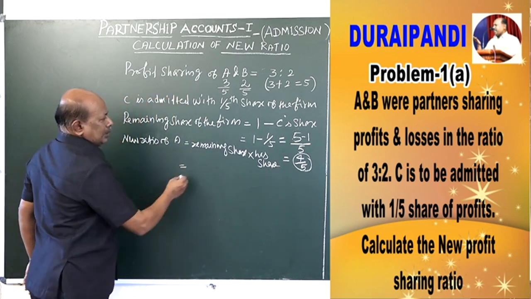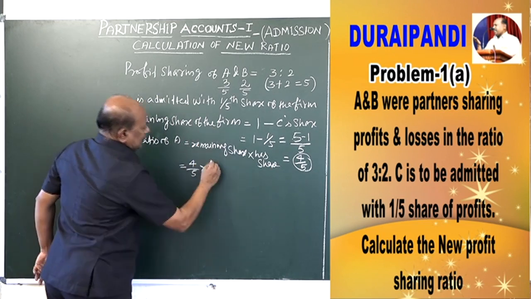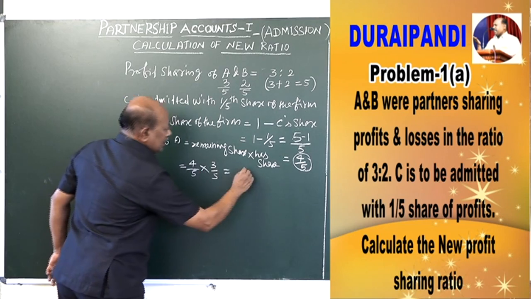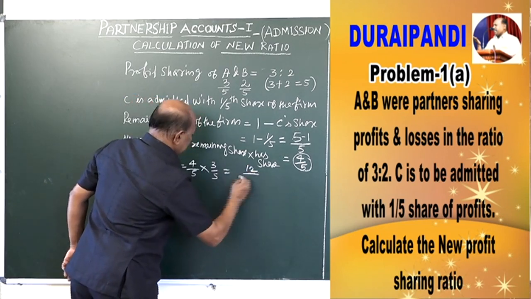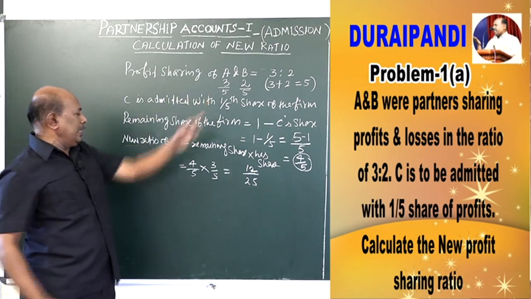That is equal to 4 by 5 into 3 by 5, that is equal to 12 by 25. That is the new ratio of A.